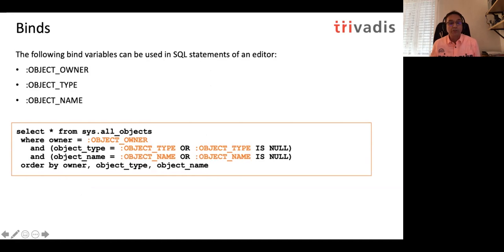Of course, when I'm just positioned on the type, then the name is empty. Or I can even run a report based on the owner on the top folder, and then these things are empty. So I can write the query considering the null values, and that's it. There is no pop-up coming up for entering parameters.